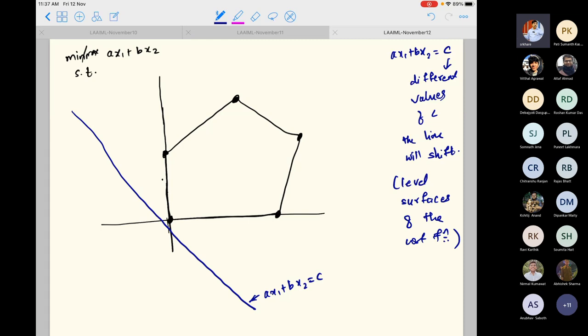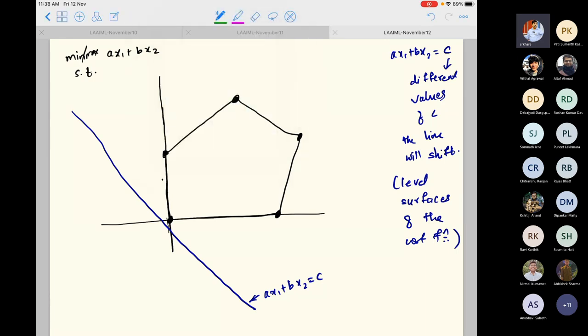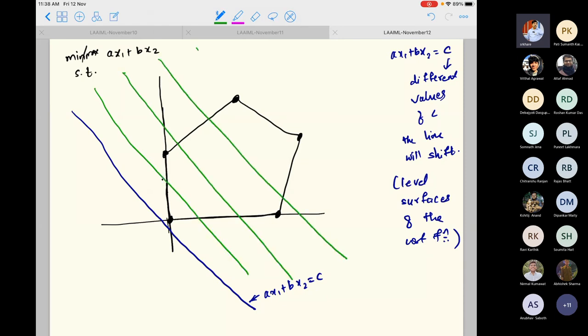So now what do I do? I just move this line for various values of c. This line is the one that I have, then I will move it and maybe I'll get this line, and this line, and so on and so forth. So what am I getting?